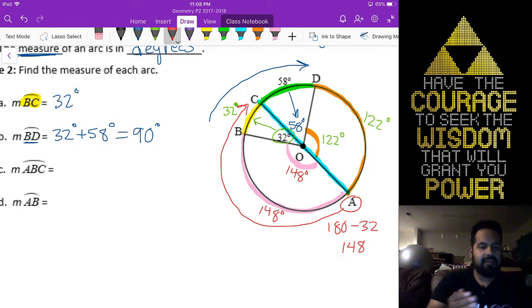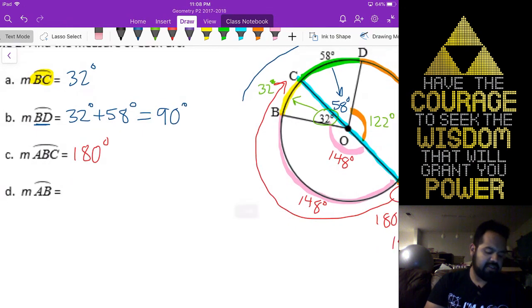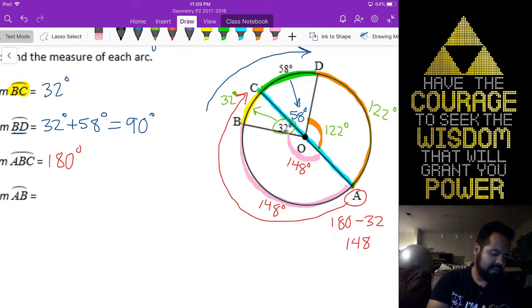Well, since that forms a semicircle, we can just say that that's 180 degrees. You could also check the math and say, hey, 148 plus 32, that'll also get you 180. Now the measure of AB, again, we're going to be doing the shortest distance between the two points. So there's my shortest distance, AB. That is our 148 degrees.